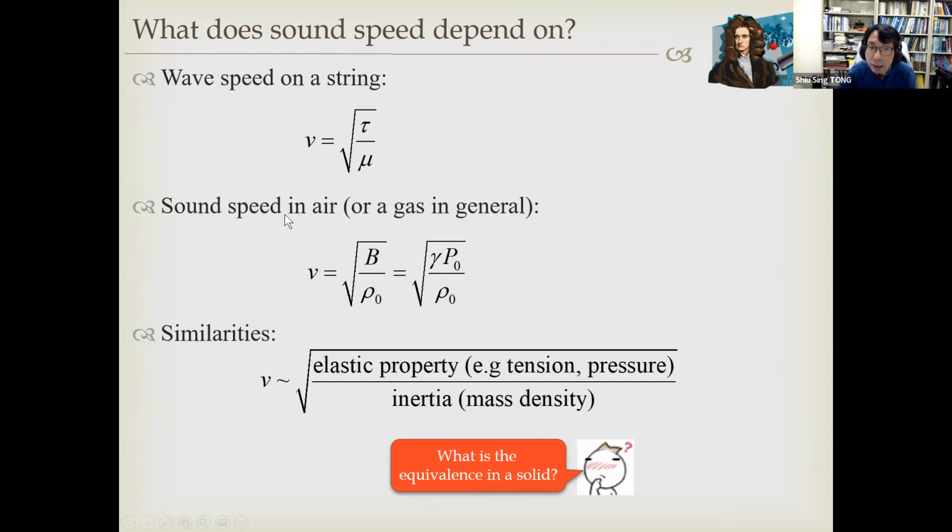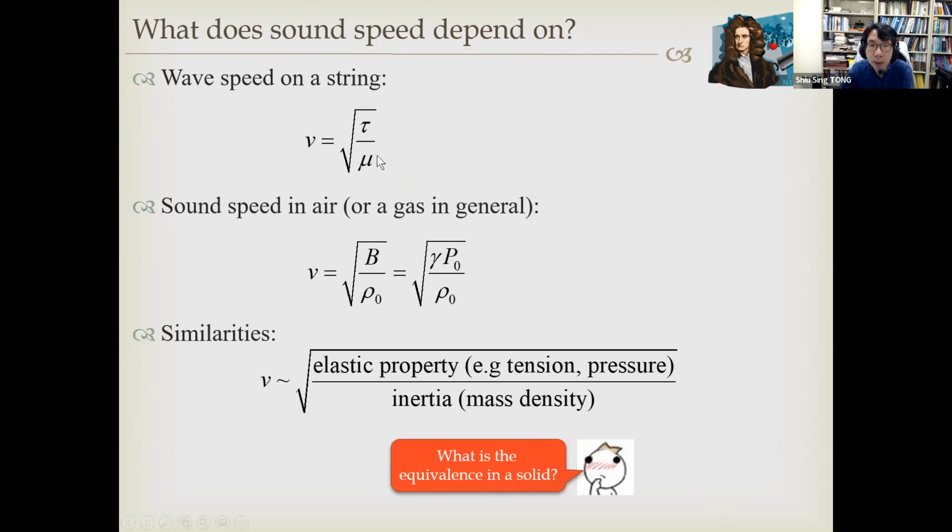And for sound in air, the sound has a wave speed given by the square root of the bulk modulus divided by rho naught. And we found that for our adiabatic model, for compression without heat loss or heat gain, the bulk modulus is gamma P naught, the adiabatic index multiplied by the equilibrium atmospheric pressure, and rho naught is the equilibrium air density.